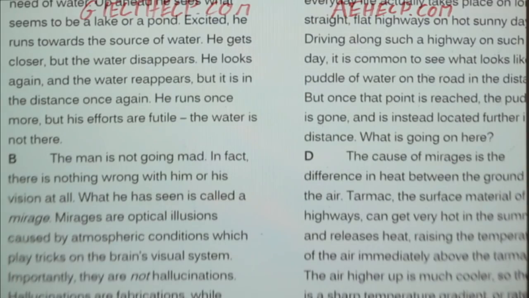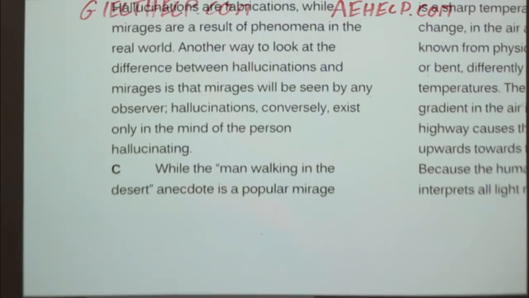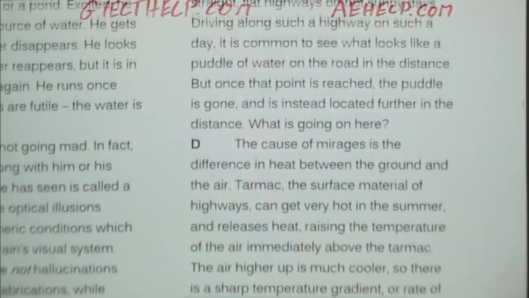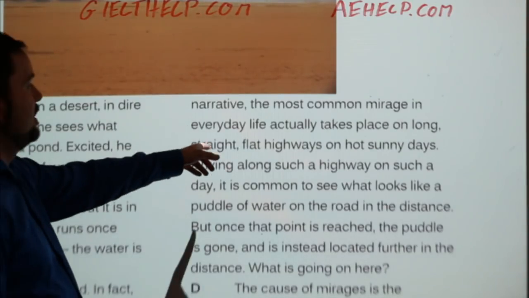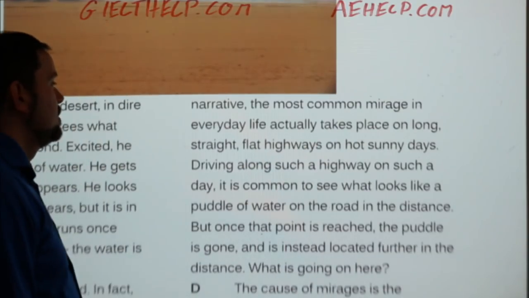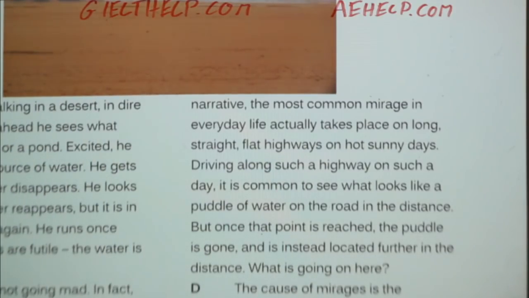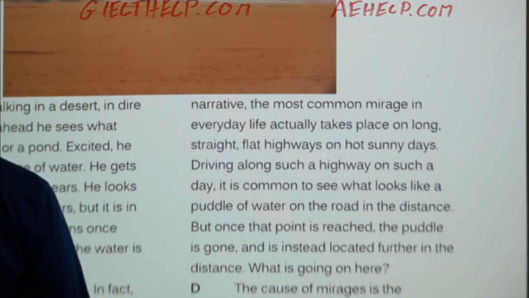So in this one, my focus would be here: while the man walking in the desert is a popular narrative, the most common mirage in everyday life actually takes place along a straight, flat highway on hot, sunny days. This is where I would be focusing mostly for the correct answer.